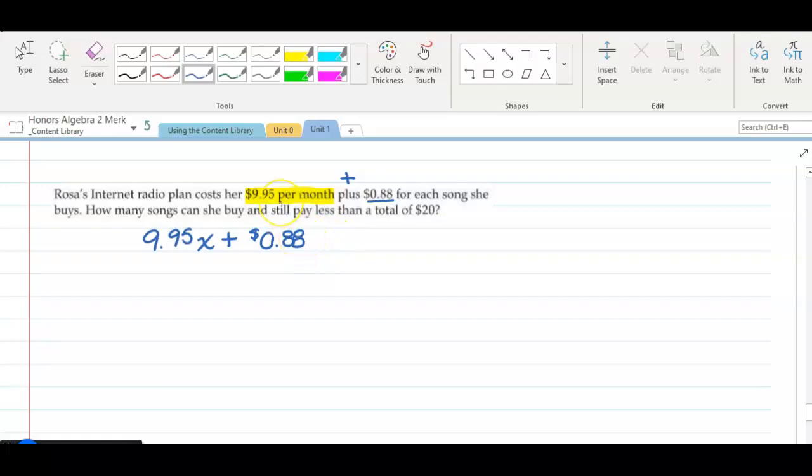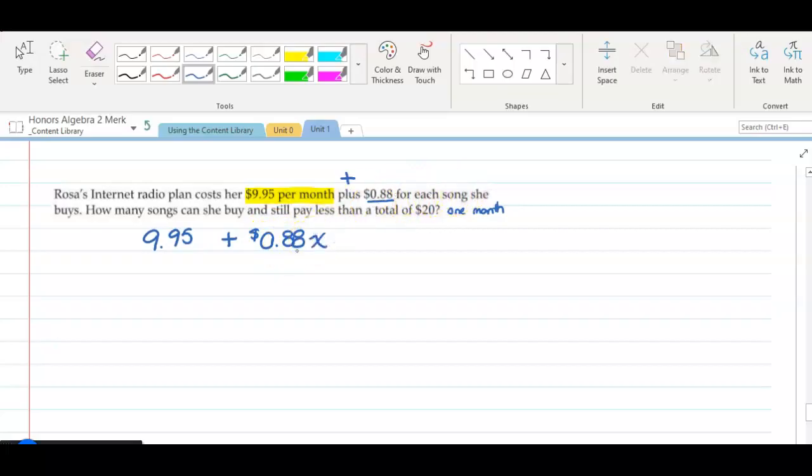So now we probably should have read the entire problem before we just started writing. It is $9.95 per month, but I believe this is asking for 1 month. So it's $9.95 for the plan plus 88 cents for each song.